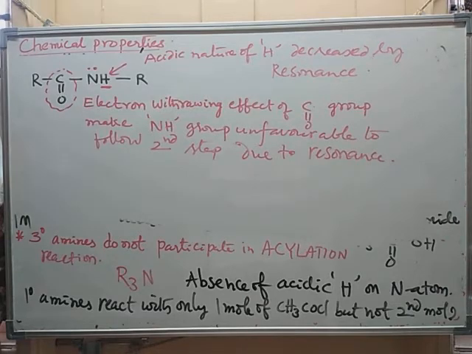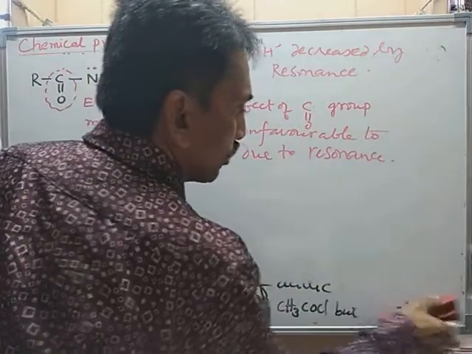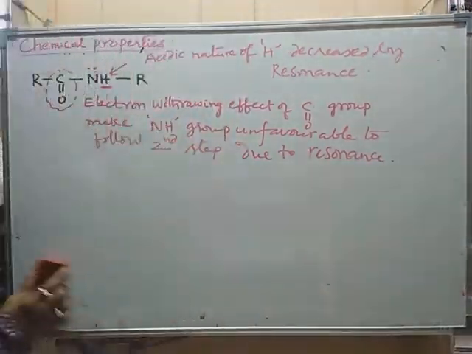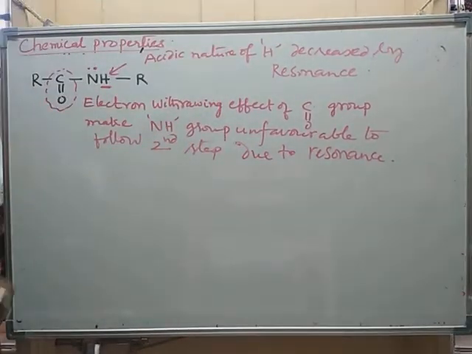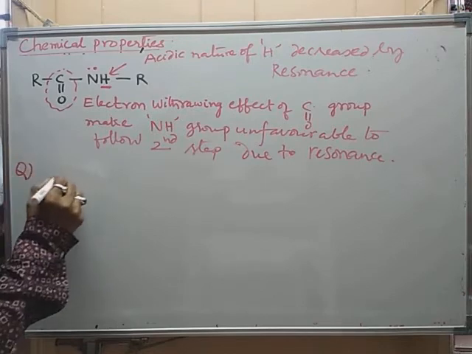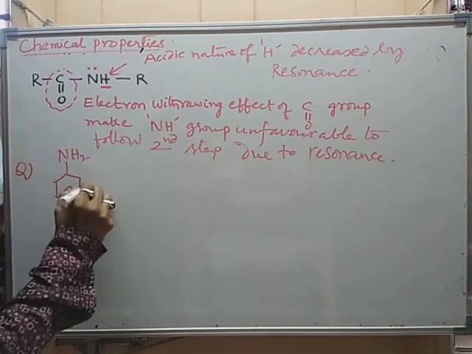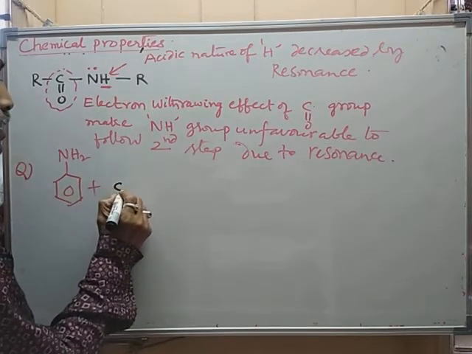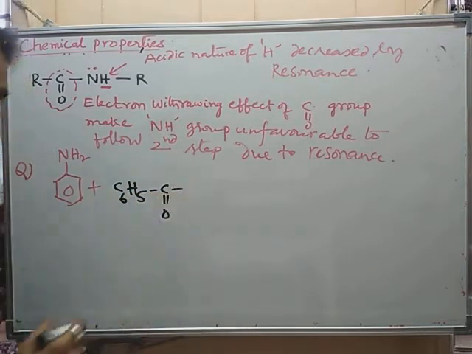Right, one more reaction to close this area and move to another chemical property. Just aniline reacts with a similar compound, that is C6H5 C double bond O Cl.